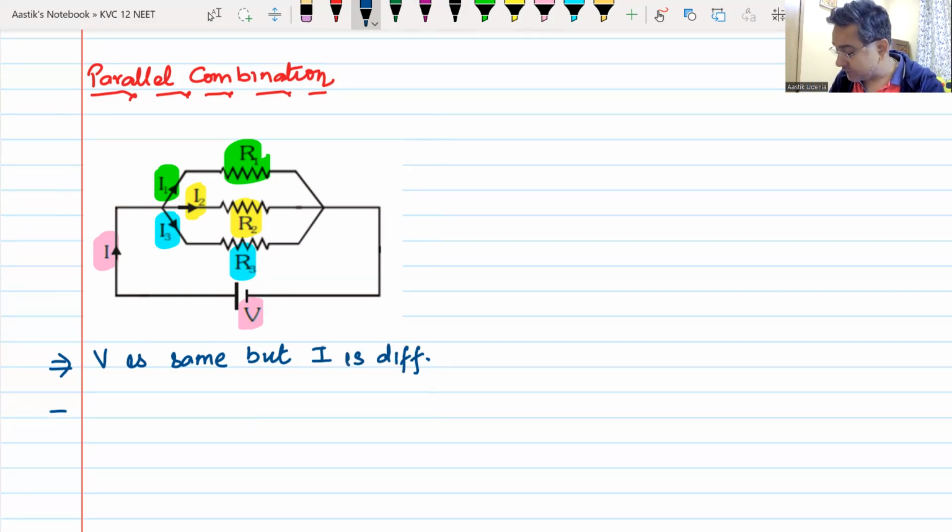Total current I will be equal to I1 plus I2 plus I3. Do we understand this? Yes or no?